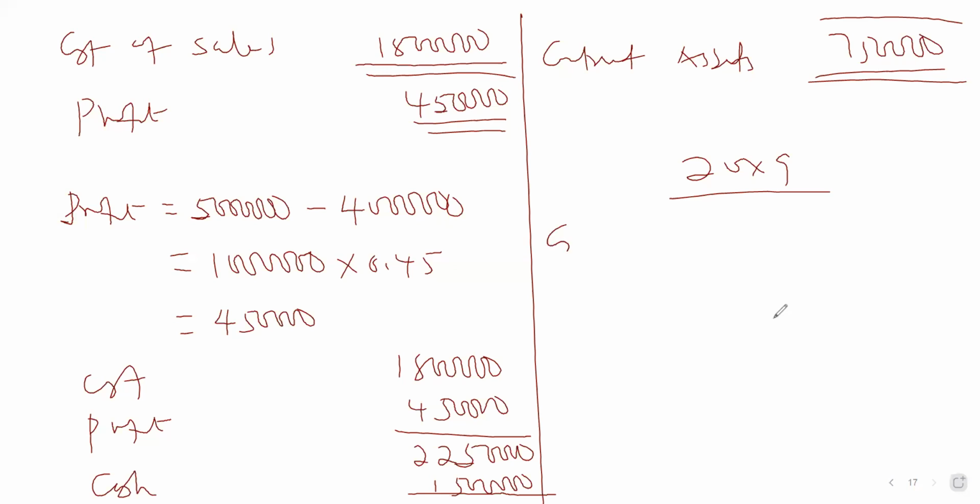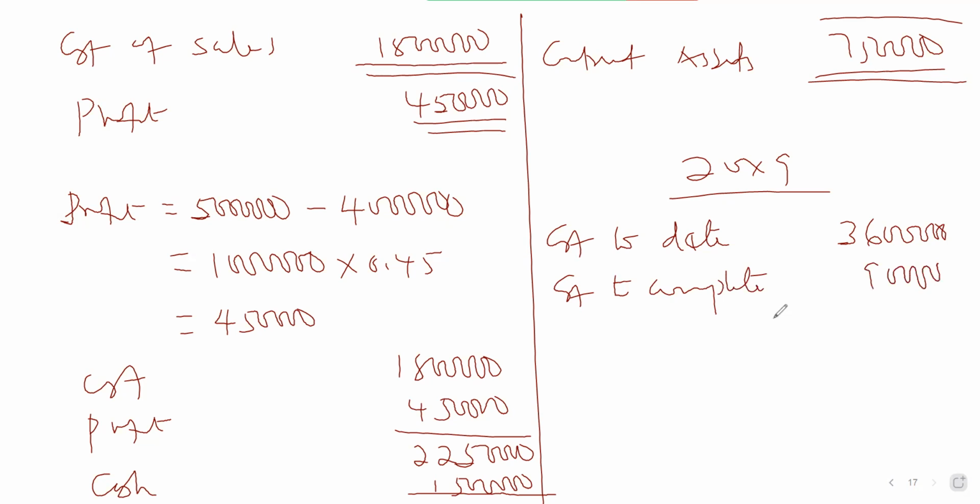The cost to date is what? 3.6 million. What is the cost to complete? 900,000. So what is the total cost of the work in 2009? 4.5 million.